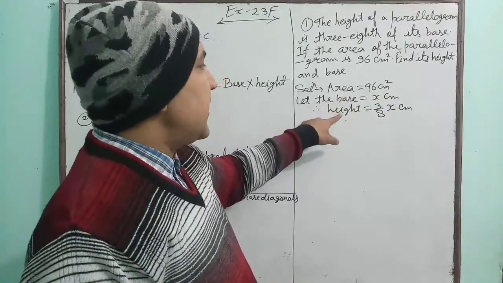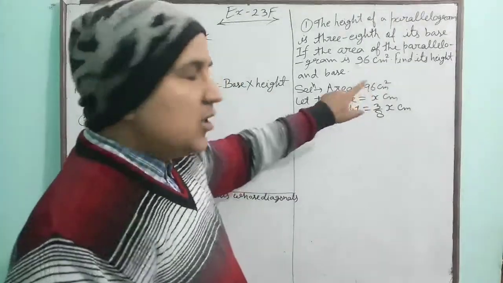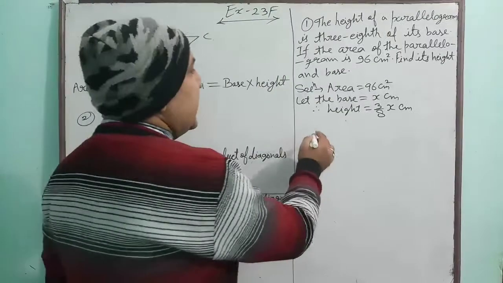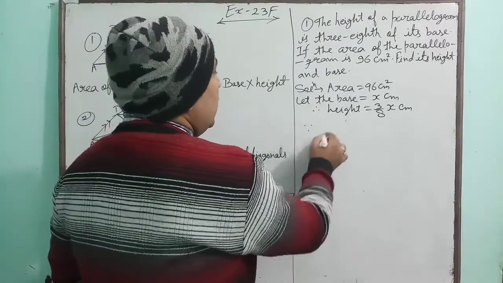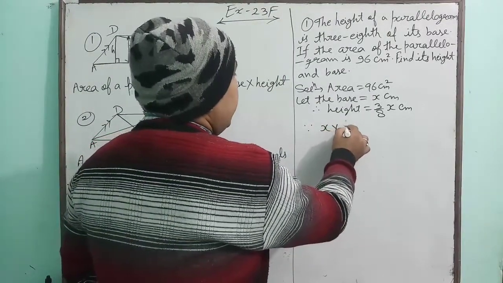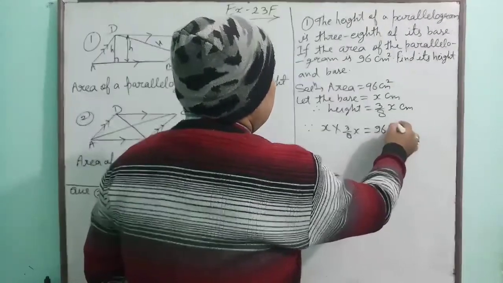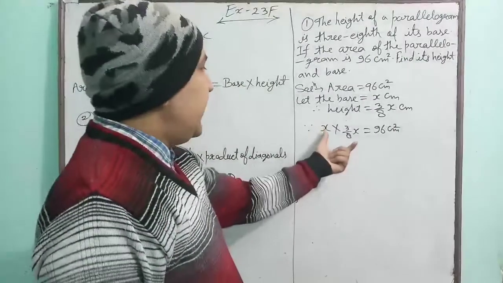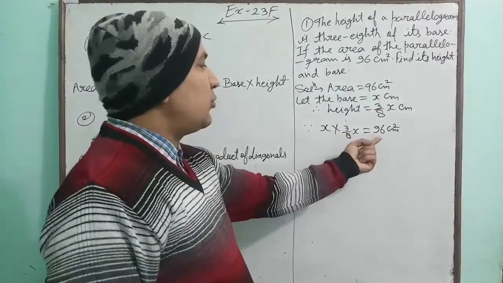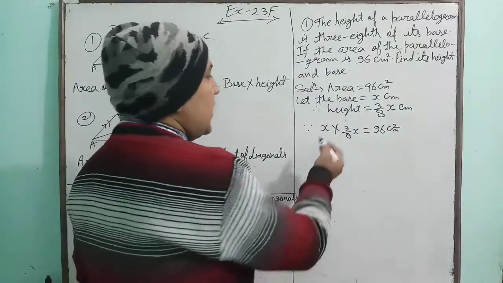Now we have base and height both, and area is given. So apply the formula for area of the parallelogram. We know that base into height is equal to area. Now solve and get your answer.